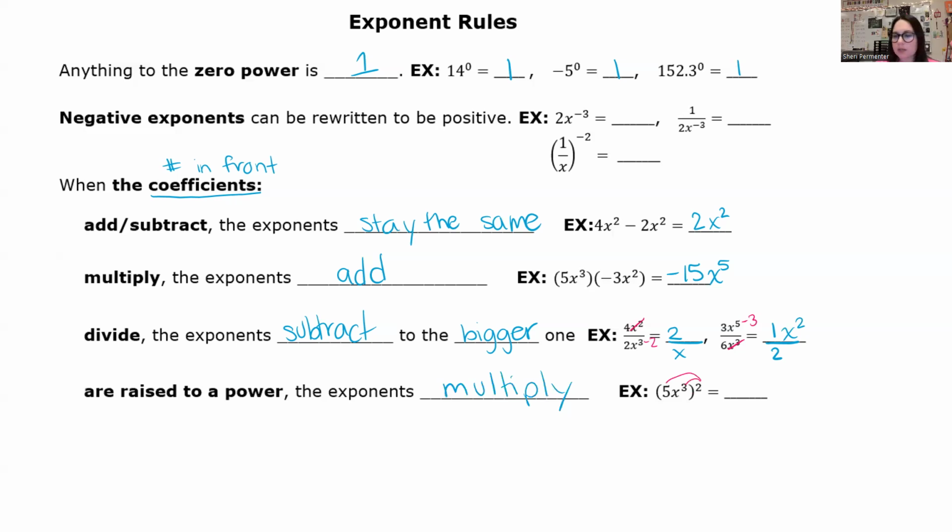So I'm going to do it slowly. I'm going to rewrite it. So I get 5 squared and then x. What's 3 times 2? 6. What's 5 squared or 5 times 5? The exponent tells you how many times you write it. 25. 25x to the 6th power.